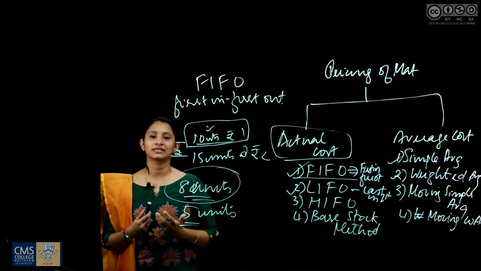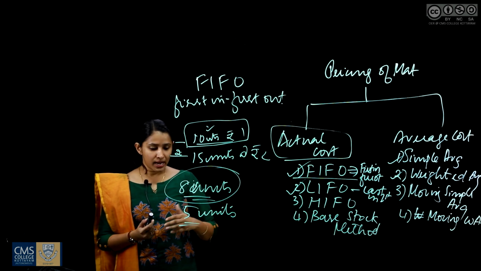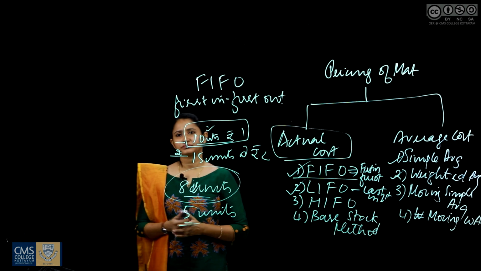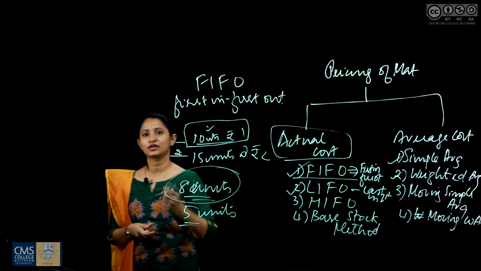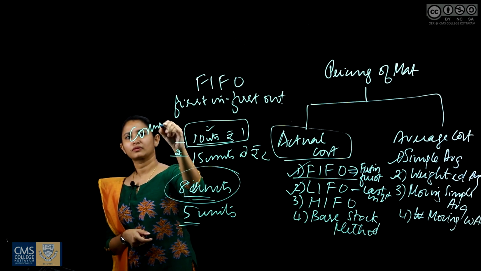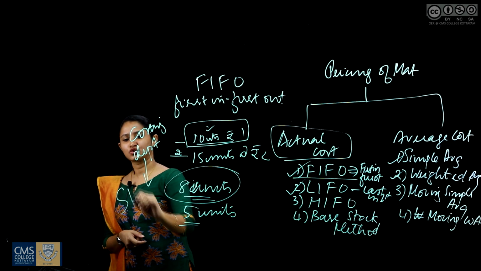Now we will look at how the stores ledger is prepared by the costing department in the case of FIFO. In every method, we prepare something known as a stores ledger account.